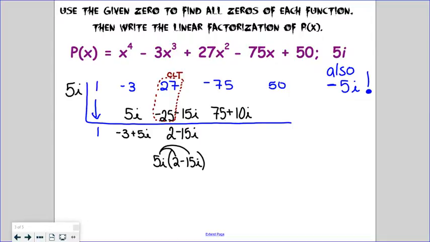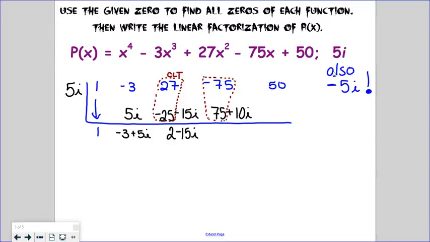And a positive 10i. Okay. Now, I am able to combine my like terms again, which again will be the real number parts here. And you'll notice something. -75 plus 75, gone, right?